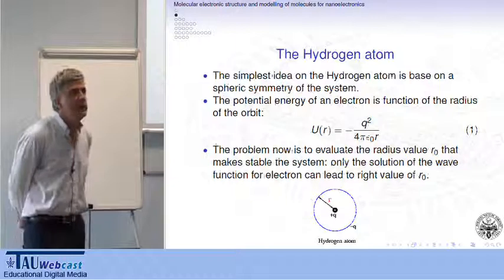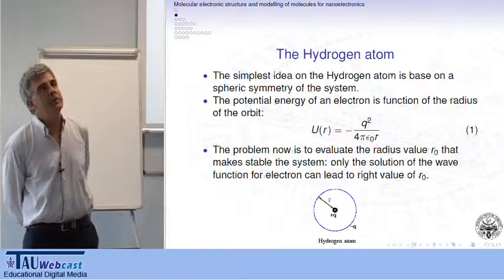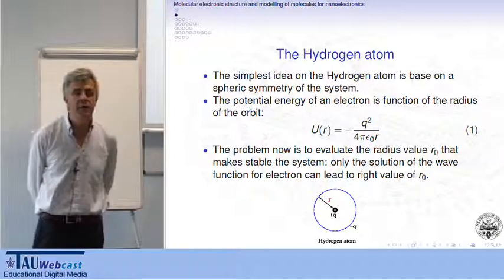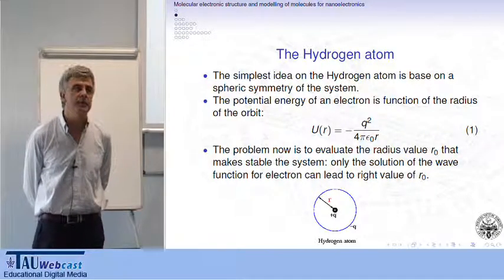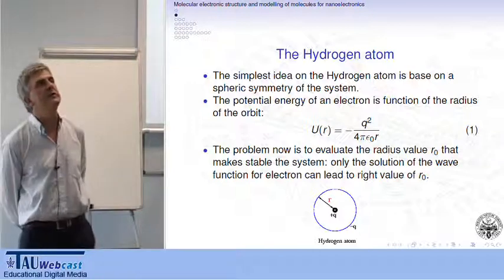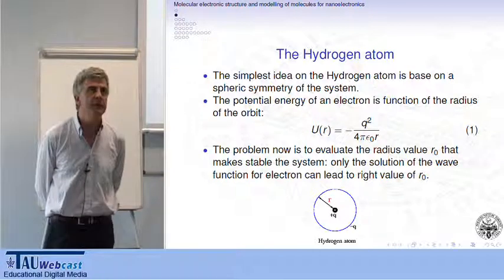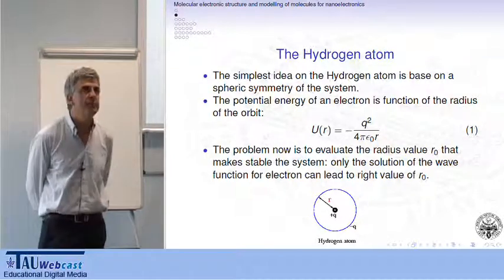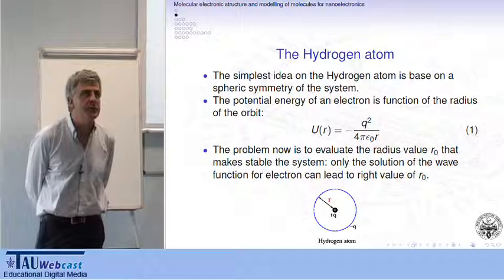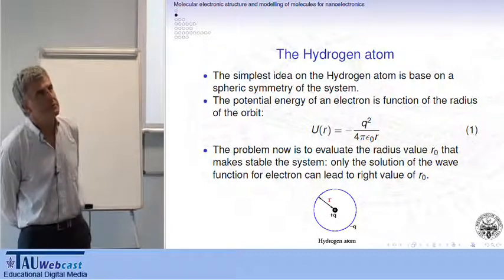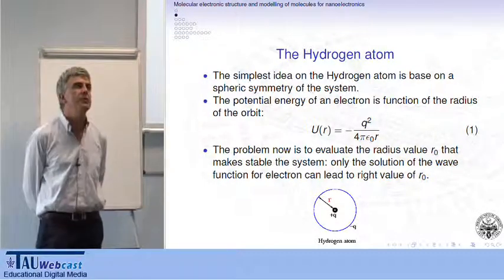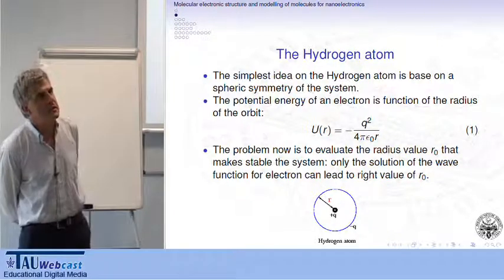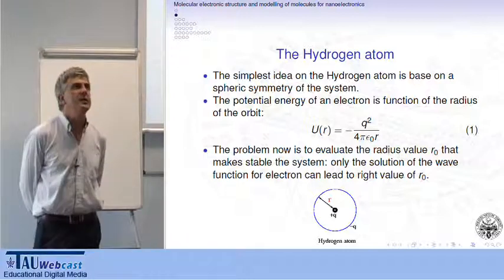So, in this very brief review, you probably remember that when you describe atomic orbitals, you can consider a very simple model where the positive nucleus and the negative electrons are bound by electrostatic force, and the potential energy is defined by a very simple equation that you have there, where the energy is a function of the charges.